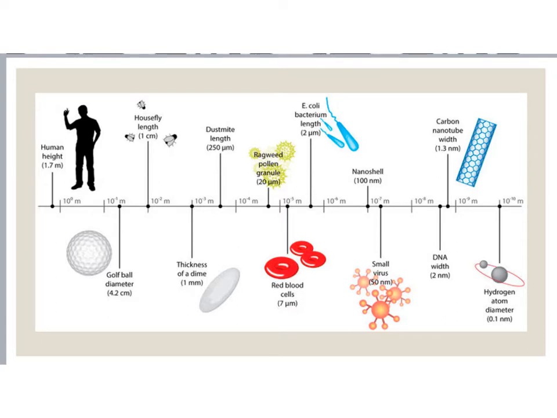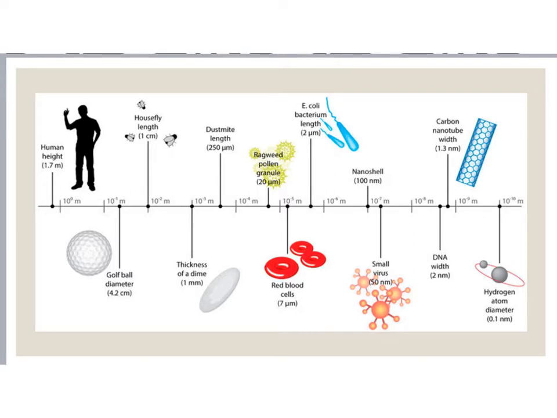If we're going down from a human at about 6 foot, down to a golf ball, which is quite tiny, down to a housefly, we're getting tinier and tinier. We're going down to dust mite length, 250 micrometers. Now you can no longer see things: red blood cells, E. coli, battery. Then we go down into nanomaterials and nano shell, which again you wouldn't be able to see. We're going to talk about this later.